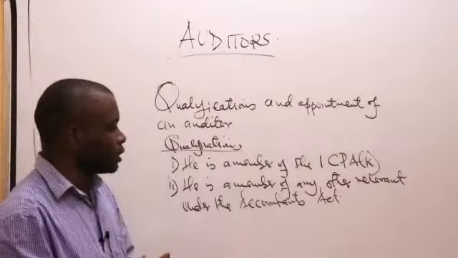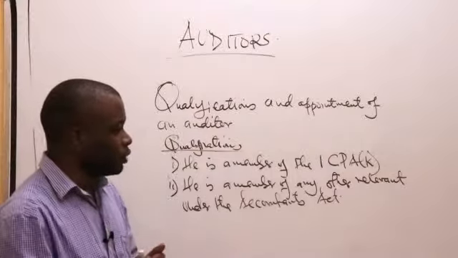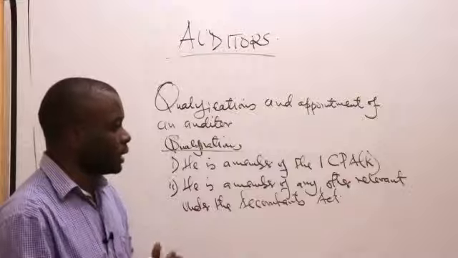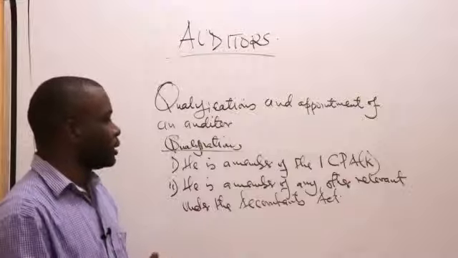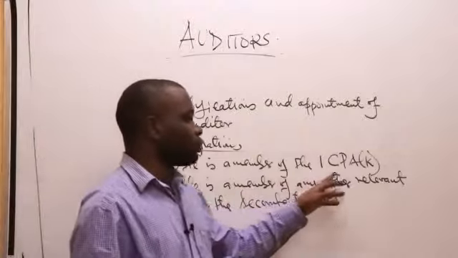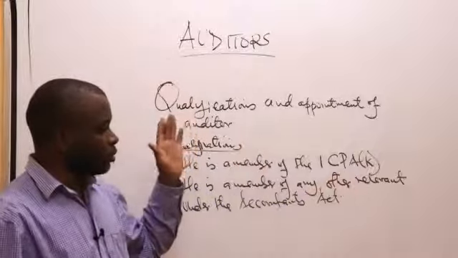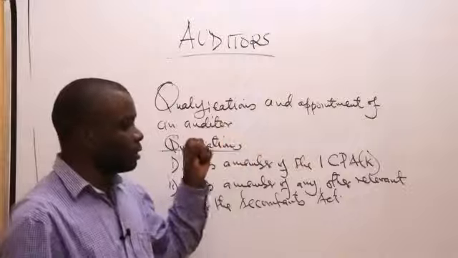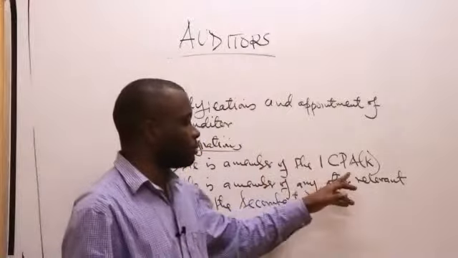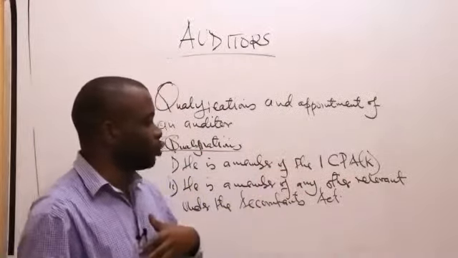Or if you're just an individual, then for you to be appointed as an auditor of a company, you must be a member of the Institute of Certified Public Accountants of Kenya. So there are two ways of being a member. You can be a corporate body being a member of ICPAK, or you can be an individual being a member.